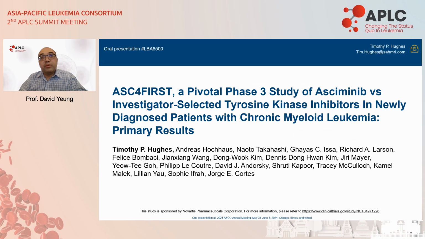Being so promising in the third-line setting, obviously we want to try to see the activity of this drug in the frontline setting. As I previously mentioned, the ASC4FIRST study is where this question was examined. It was presented back in June at both ASCO and EHA, and the paper was published in the New England Journal in May.